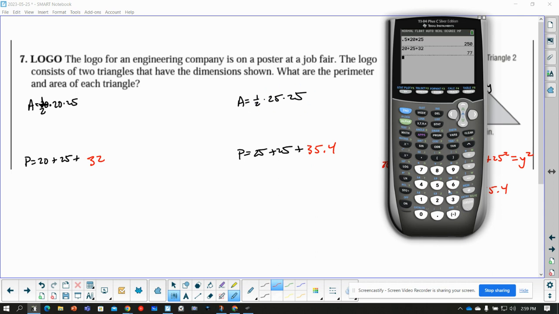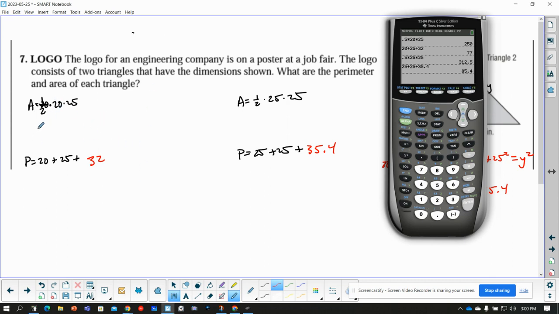Okay, I'm going to do this one here. 0.5 times, did I do the last one right? Yeah, I did. Times 25 times 25. And then the last one, 25 plus 25 plus 35.4.